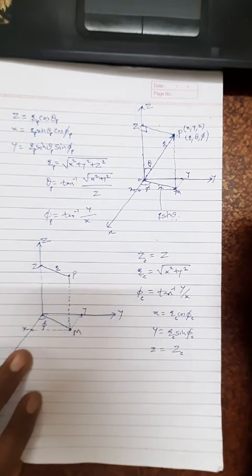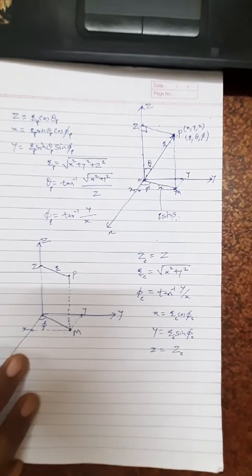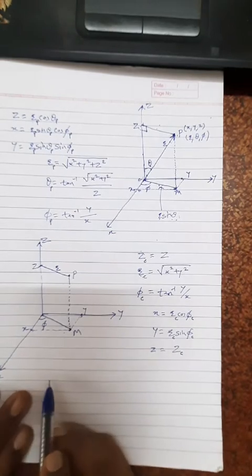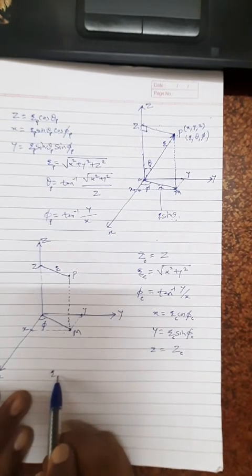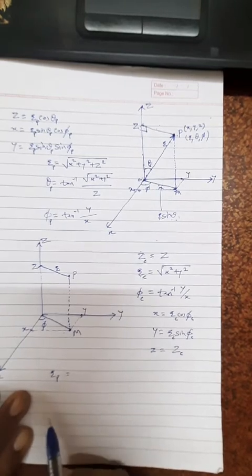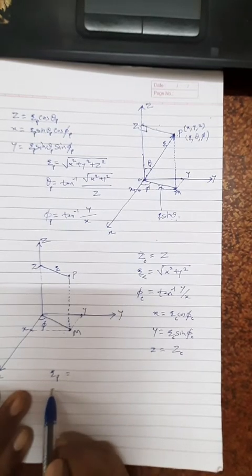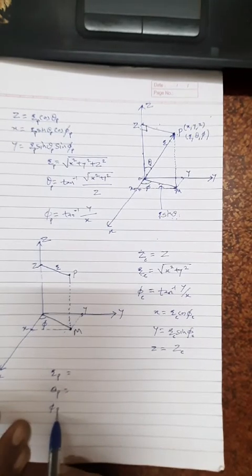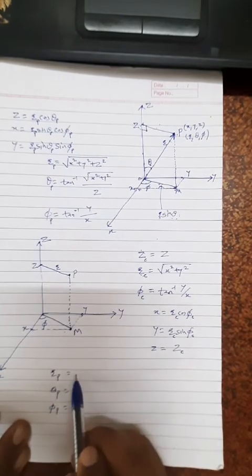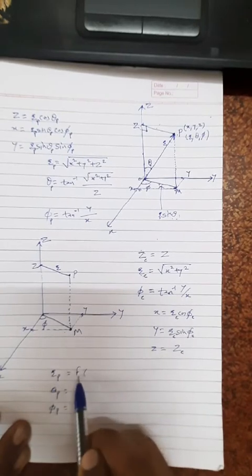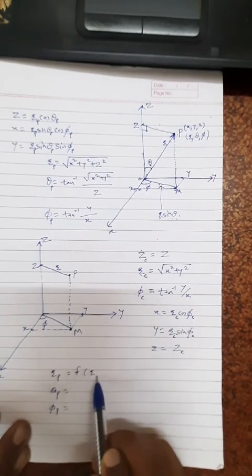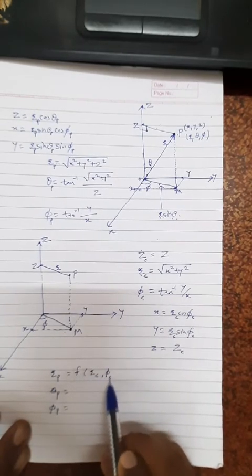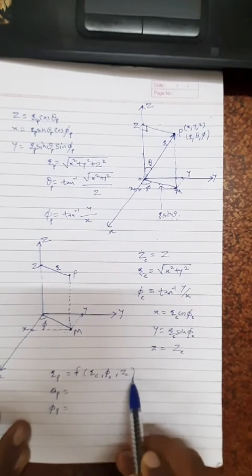Now I can give you the homework. What will you have to do? On the left hand side you will have to use r in the polar coordinate system, then theta in the polar coordinate system and phi in the polar coordinate system, and you will have to express this r in polar in terms of r in cylindrical, phi in cylindrical and z in cylindrical.